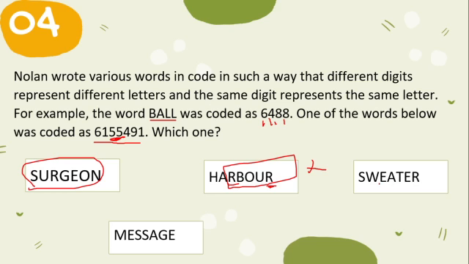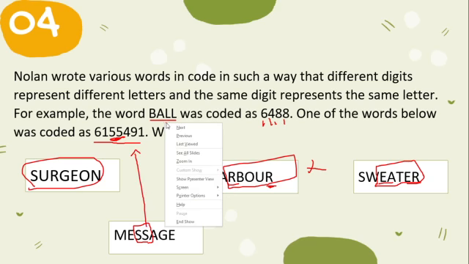In sweater there are E and E, but they are not placed back to back. So we now look at the fourth option. In message we have the repeated letters S and S, placed in the third and fourth place, which is similar to the code 6155491. So the answer is message.